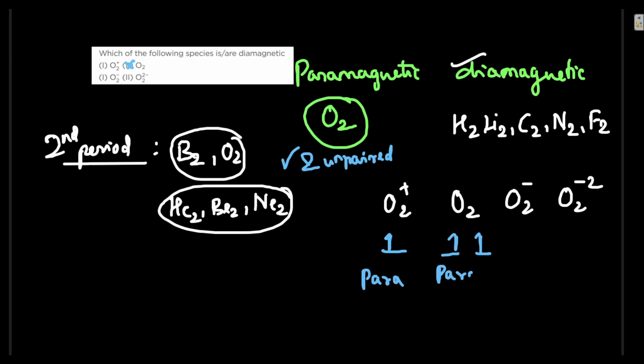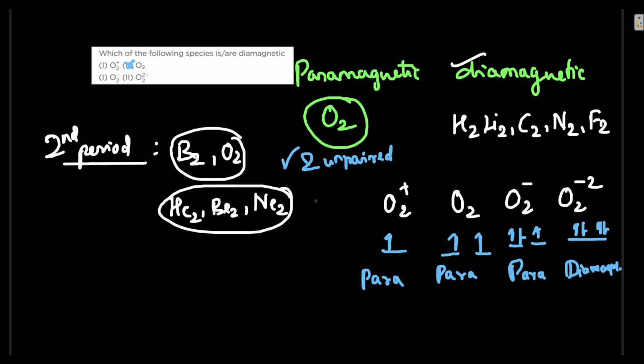O2 minus, if you come, you are adding one electron, then one more electron you added, still there is one more unpaired electron. This is also paramagnetic. O2 2 minus, if you take, there will be paired. All of them will be paired because to oxygen you are adding two more electrons, right? It will become 4 electrons, all of them paired. So this will be diamagnetic.